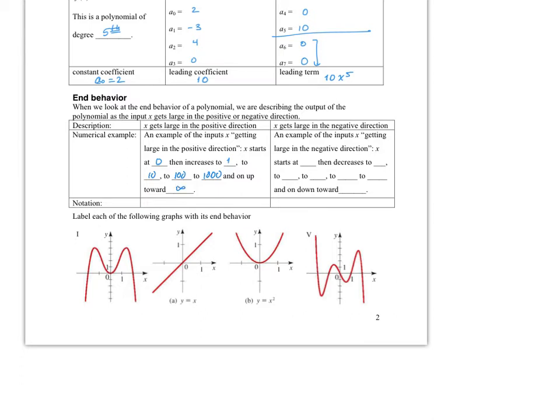The notation is going to be this: x goes to infinity. If we go in the negative direction, well, you start at 0 again, then this goes to -1, -10, -100, -1,000, -10,000, and so forth until you get to -infinity.